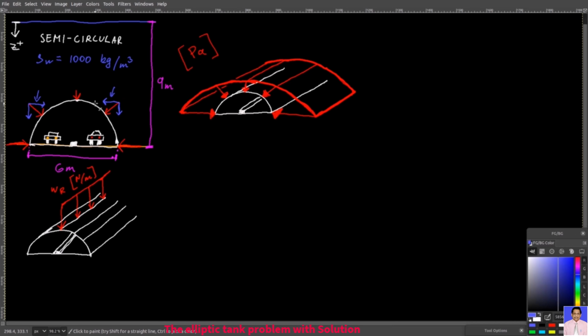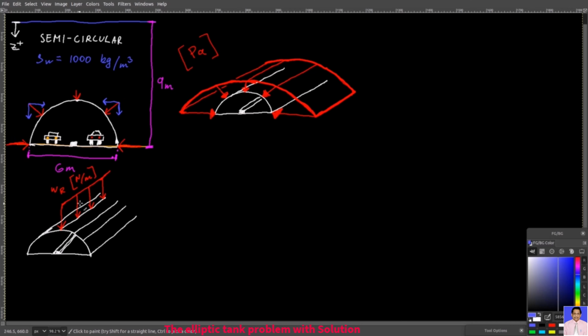And then all the vertical components point down, and due to symmetry, all the vertical components of the pressure distribution are the same on both sides of the semicircle. So this one here is the same as this one here. And then of course, at the very top, here you only have one vertical component, and then here you only have the horizontal component that is cancelled by this horizontal component here.